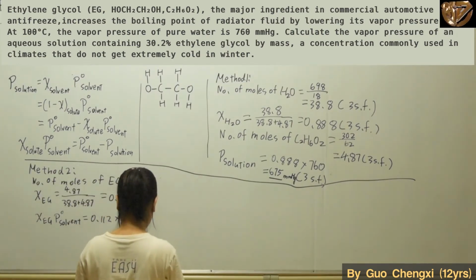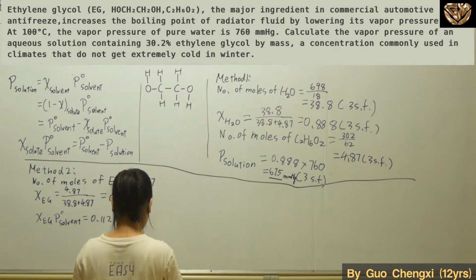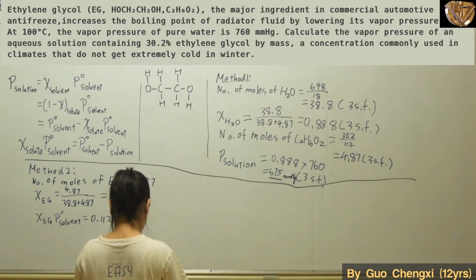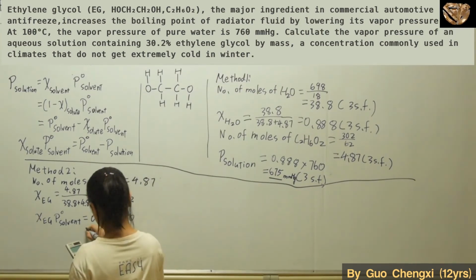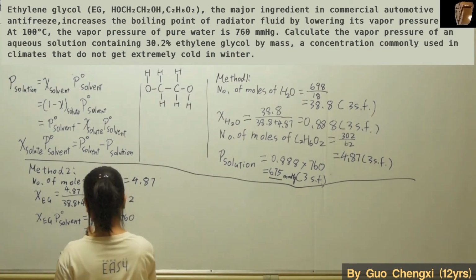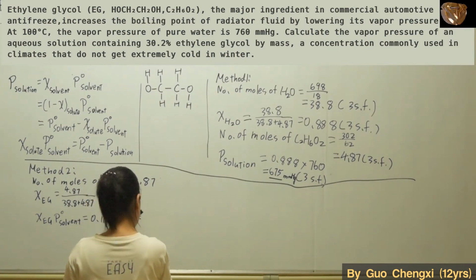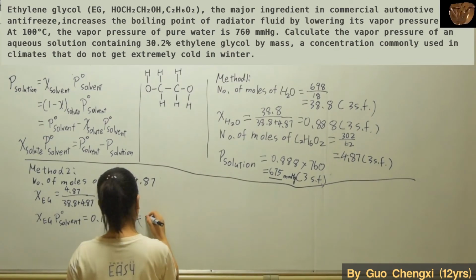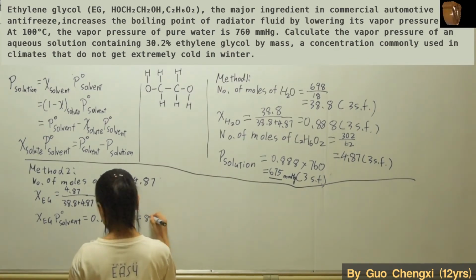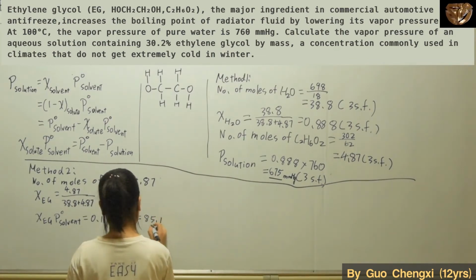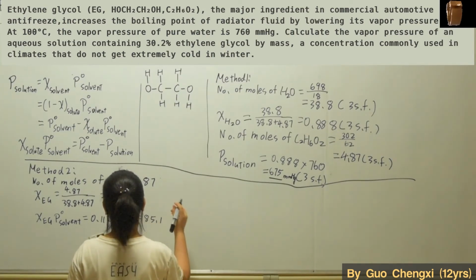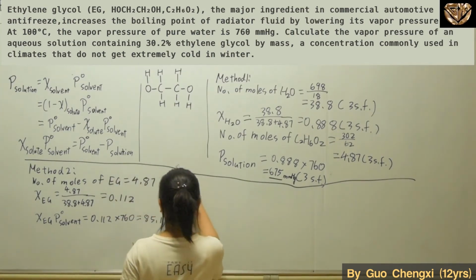So over here you supposedly have 85.12, but 3 significant figures, so it will be 85.1.